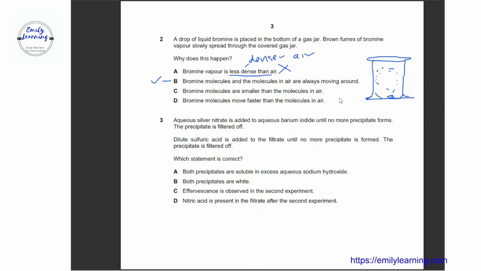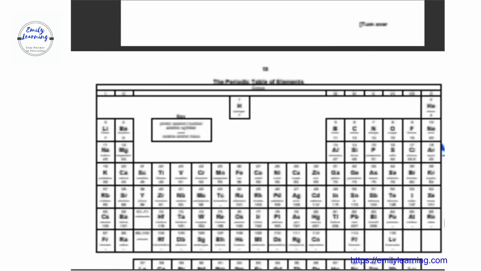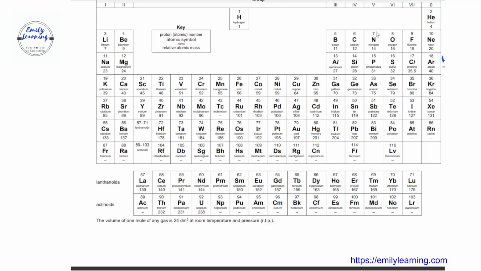But for your syllabus, you can just count the number of shells occupied by electrons. So we can take a look again at the periodic table. For air, we will use nitrogen as reference, because nitrogen and oxygen are in the same period of the periodic table.